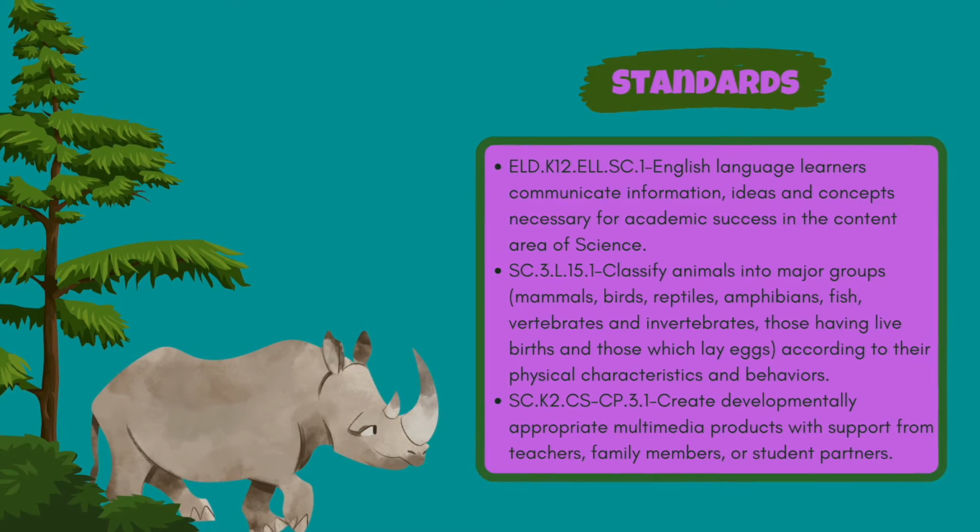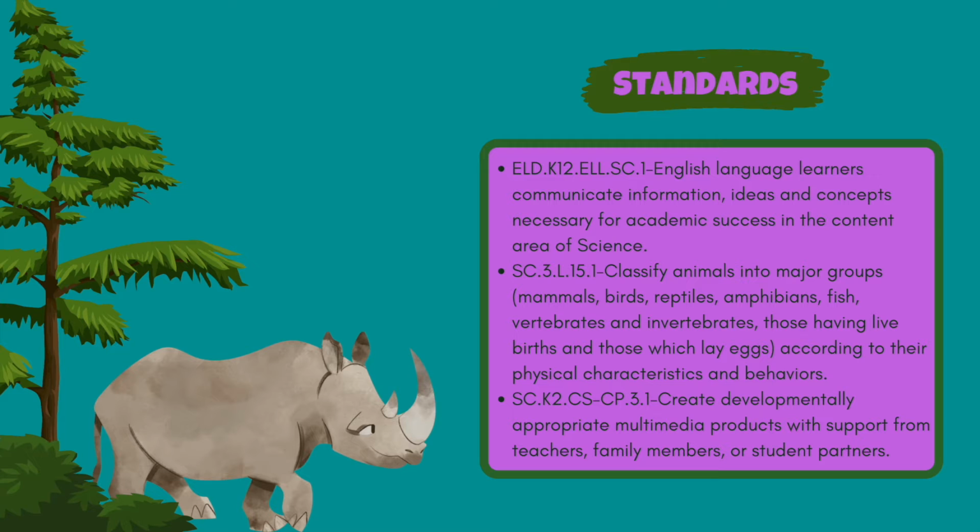Here are the standards that are covered in this multi-unit lesson plan. We have English language learner standards to communicate information, ideas, and concepts necessary for academic success in the content of science. Science standard for grade 3, classify animals into major groups: mammals, birds, reptiles, amphibians, and fish is what I focused on.